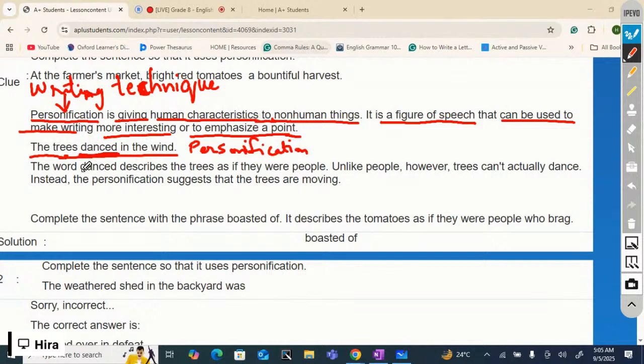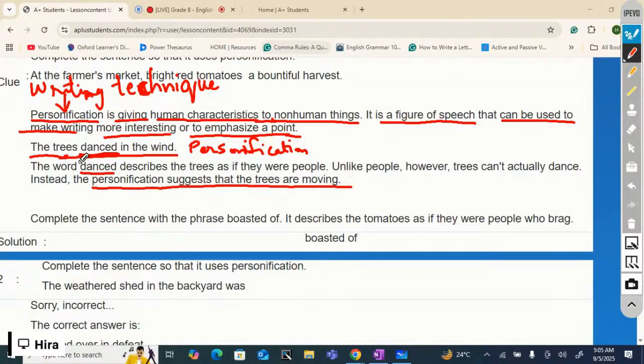Because here the word danced describes the trees as if they were people. Unlike people, however, trees cannot actually dance. Instead, the personification suggests that the trees are moving.